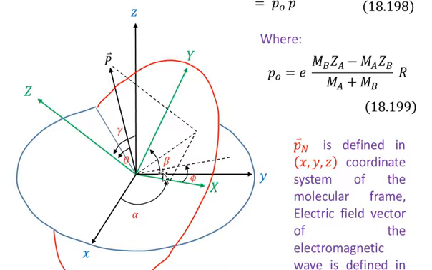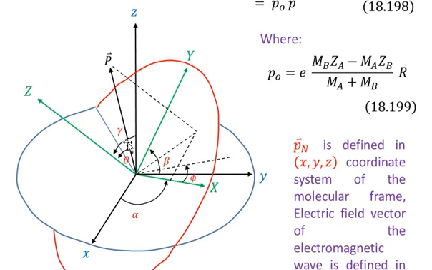Now look at the angle beta, which is the angle between the small y axis and the capital Y axis. So if you rotate the small x axis counterclockwise by an angle beta, then the y axis will coincide with capital Y.